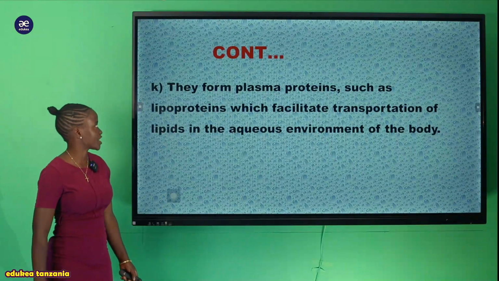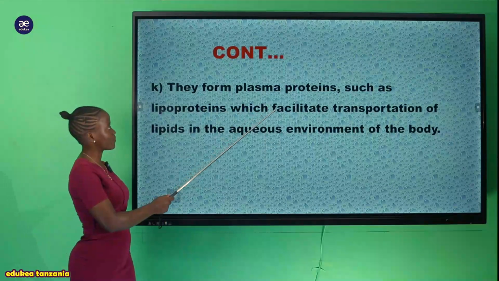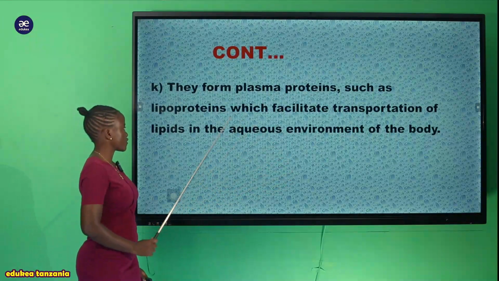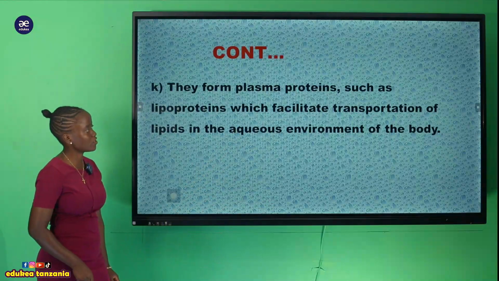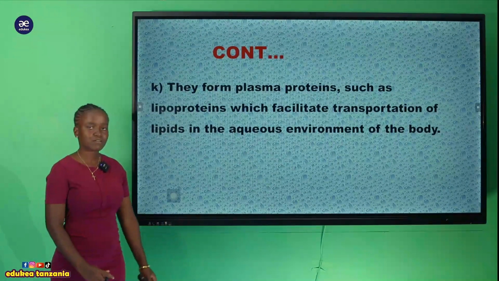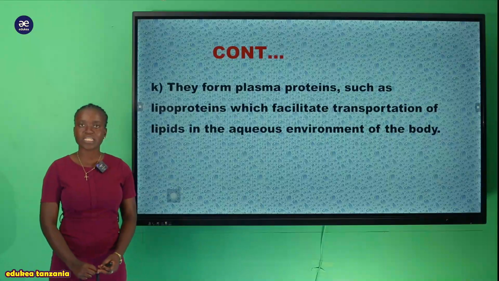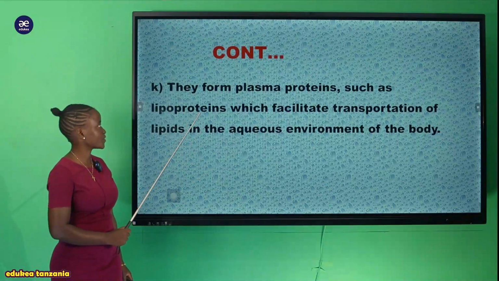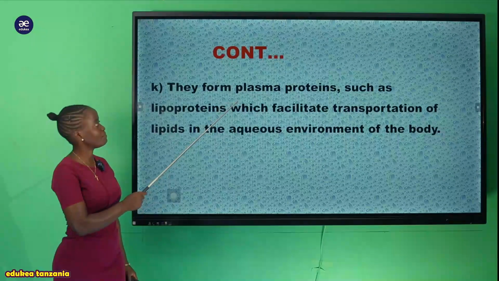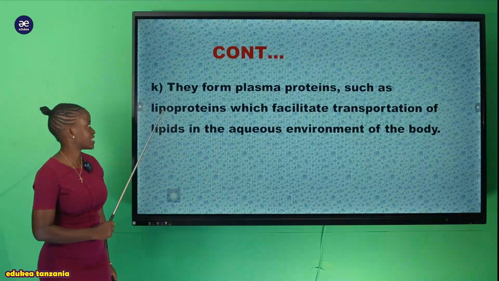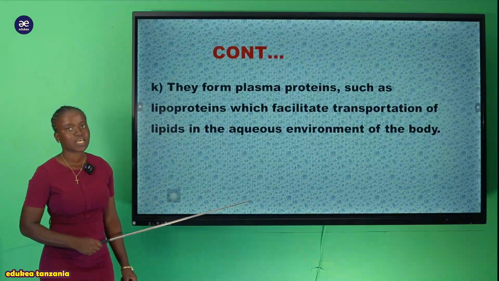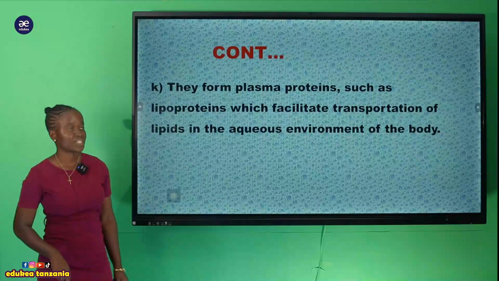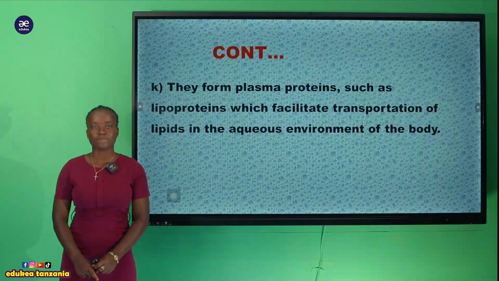And the last function here, that is they form plasma proteins such as the lipoprotein, which facilitate transportation of lipid in the aqueous environment of the body. So now you can see also within the living body, it has this structure, the lipoprotein. These lipoproteins facilitate transportation of lipid in the aqueous environment of the body.